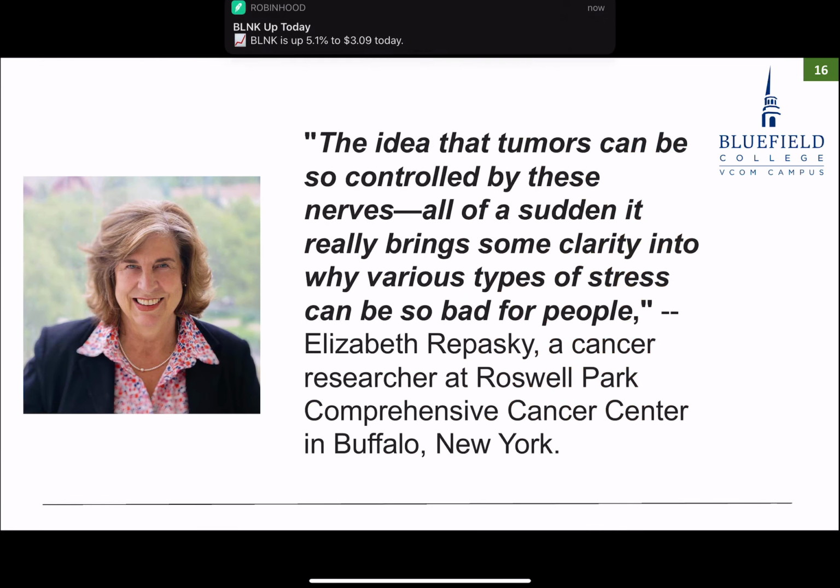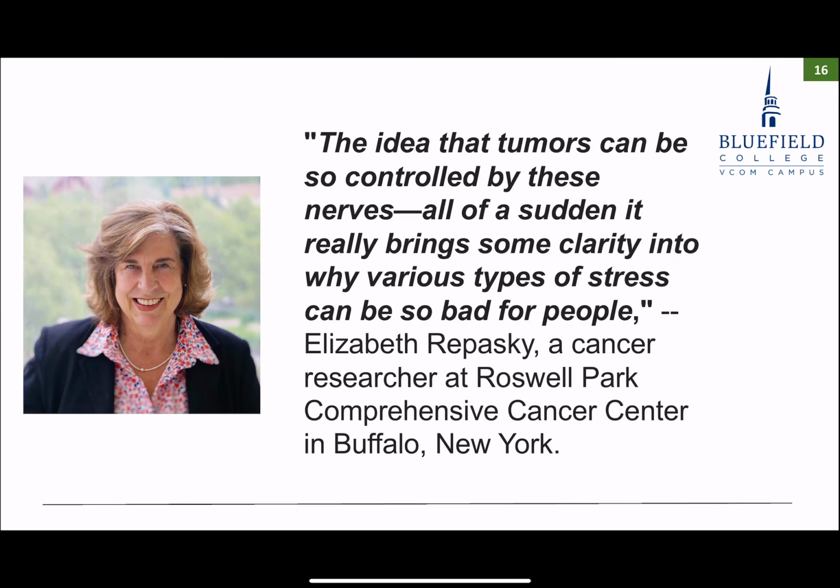So this could be a link between stress and cancer that was suspected but ignored by modern medicine because we didn't really have a mechanism, we didn't have evidence for this crosstalk.